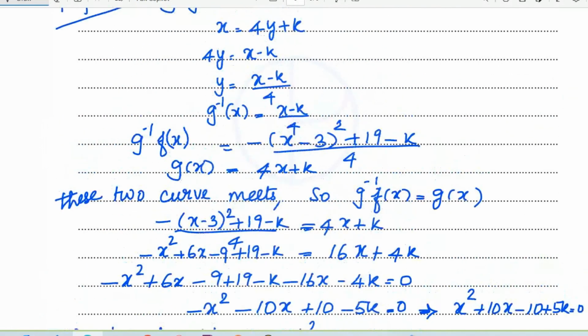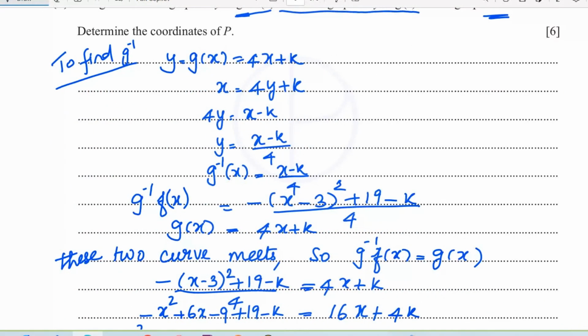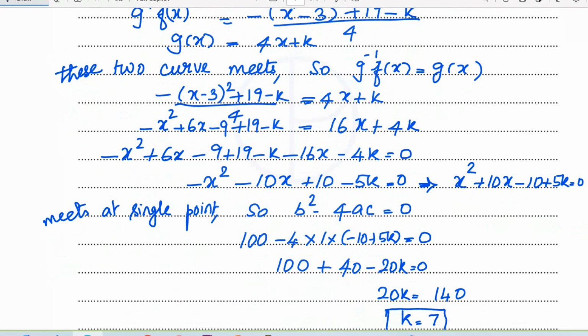So we need to find the coordinates of point P. That is, we need to find the x and y value. To find the x value, we will substitute the k value in this equation.